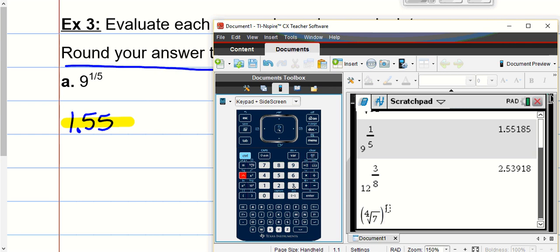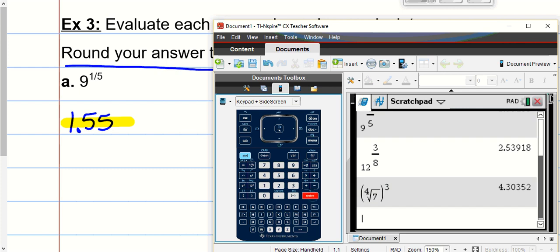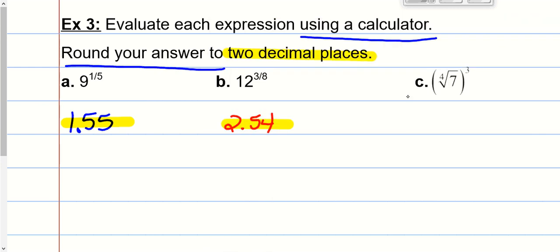Rooftop, then the 3rd power, and press enter. So we have 4.30, and then the 3 doesn't change the 0, so 4.30. Now, do you have to write the 0? Yes, you do. 4.30. It says 2 decimal places. Even if it's a 0, I want to see it. Okay? Make sure you're rounding correctly.